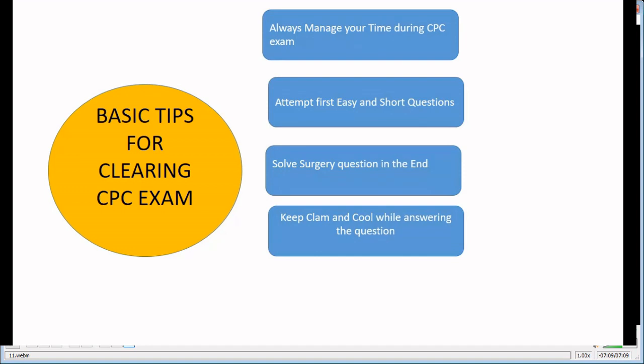This is very important while answering questions, because when you answer a question, your mind should be stable and you should be concentrating more for solving the question. So I would recommend everyone to be cool and calm during the exam to answer the questions given in CPC exam.